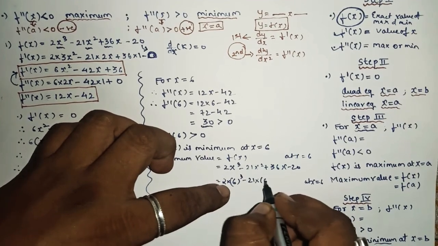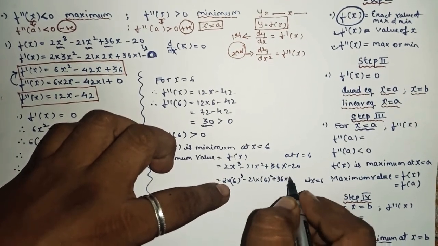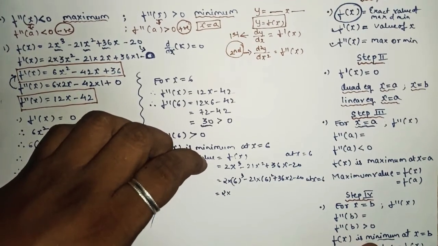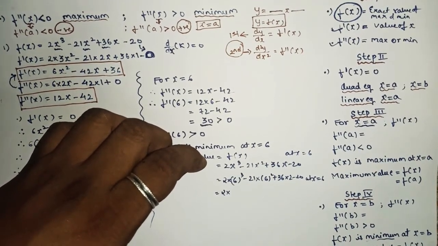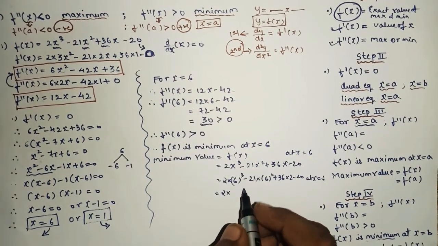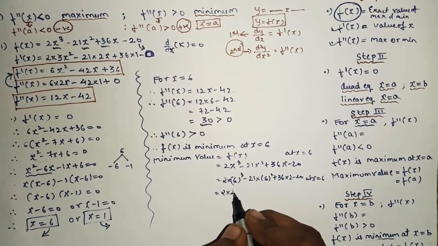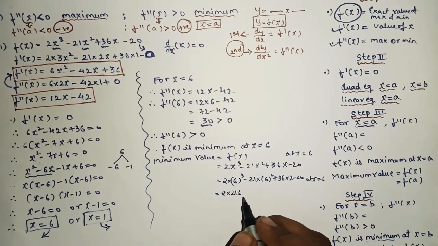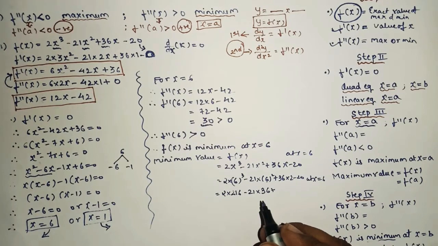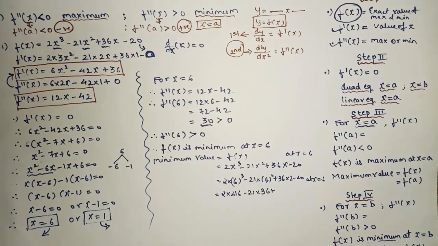So 2 into 6 cube, plus 21 into 6 square, plus 36 into 6, minus 20. Here 6 cube is 216.